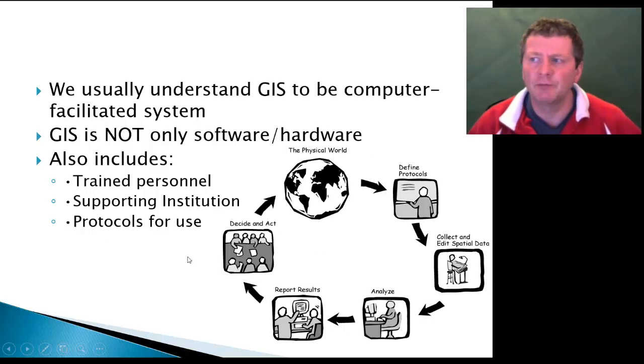GIS is typically a computer-facilitated system. Computers now are iPads and iPhones and Android phones.